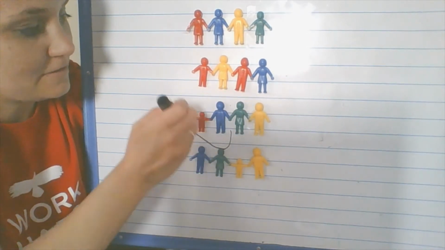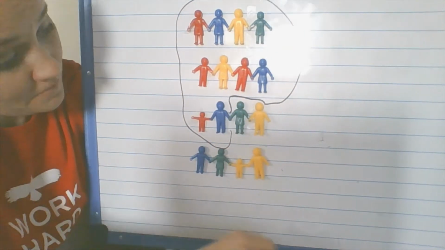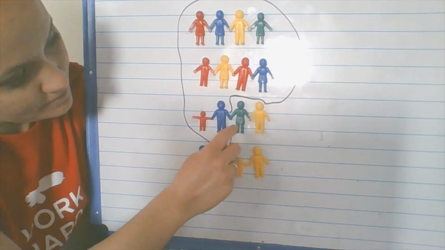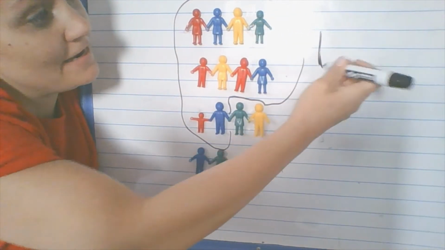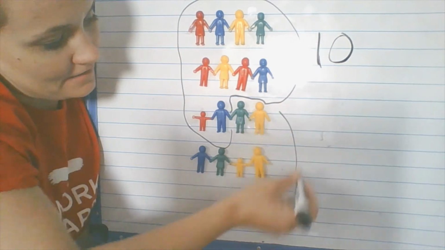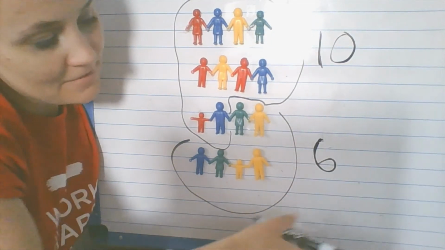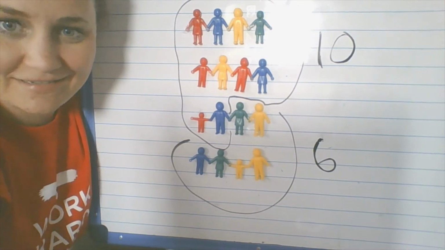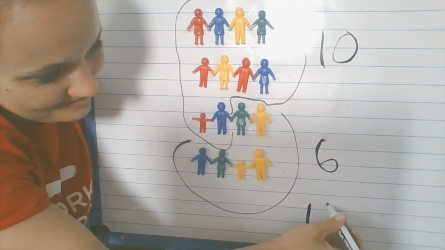So up to here is 10. Then I can see there's 1, 2, 3, 4, 5, 6. 10 and 6 make what class? Yes, 16.